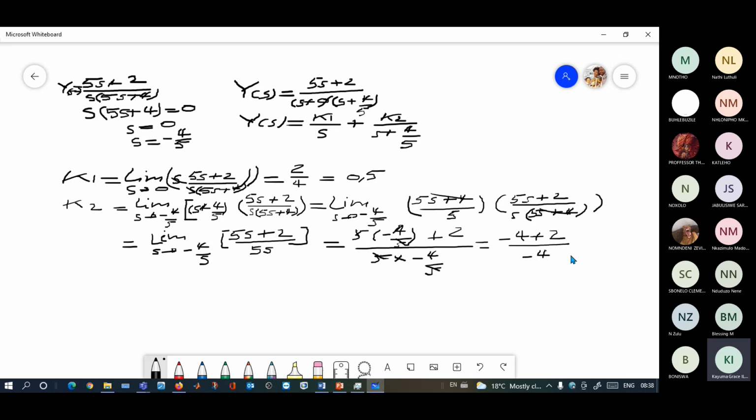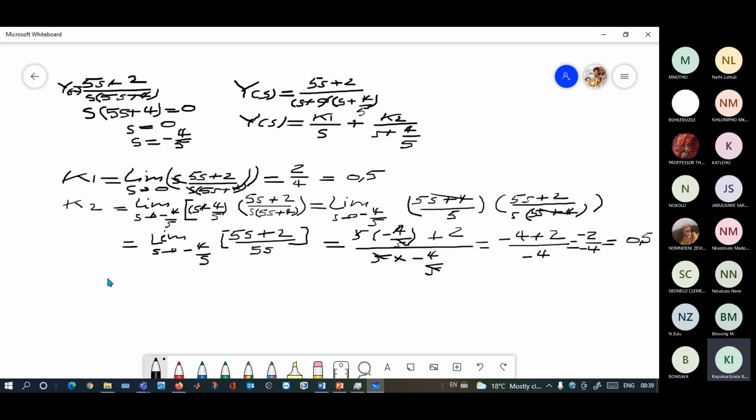Minus 4, yes. So minus 4 plus 2 is going to be minus 2 over minus 4. That's going to be 2 over 4. You can cancel the minus signs. It's going to be 0.5. Are we together?